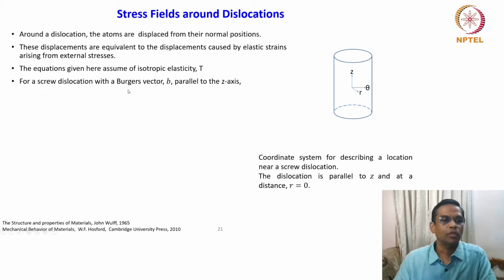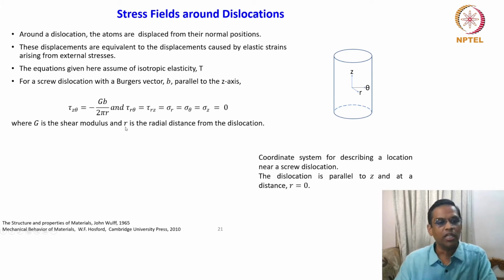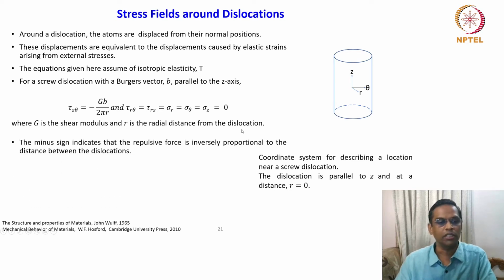For a screw dislocation with a Burgers vector b parallel to the z-axis, this is the shear stress tau in polar coordinates: Gb by 2 pi r. This we have already seen. But tau r theta and tau r z, which is equal to sigma r, which is equal to sigma theta, which is equal to sigma z, is equal to 0, because r is 0, where G is the shear modulus and r is the radial distance from the dislocation.